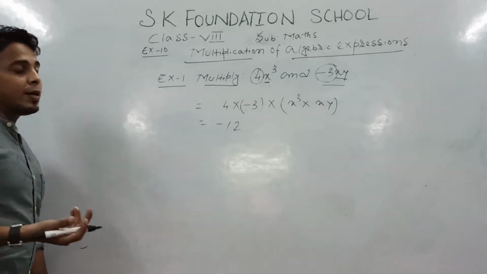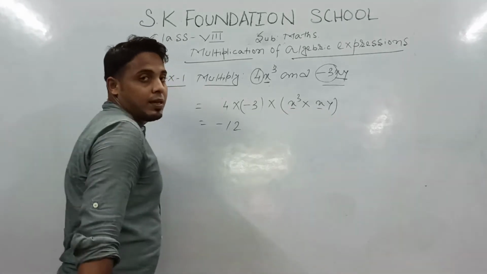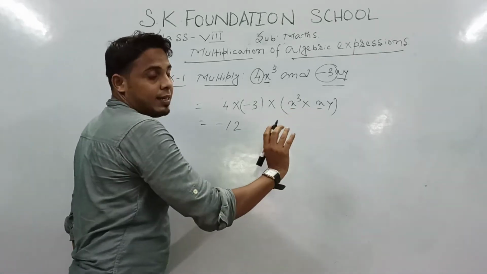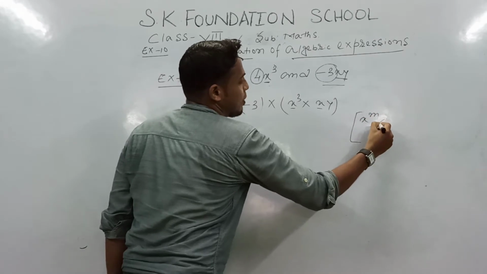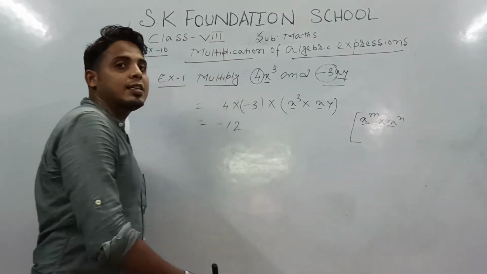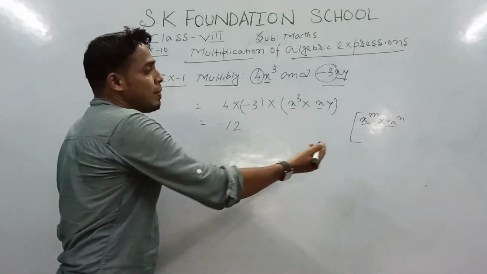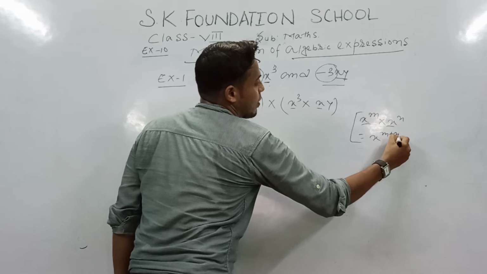And look at here. In the chapter on exponents and powers, we already know that when the bases are the same, then the powers are added. The formula: suppose x to the power m, x to the power n, here the bases are the same and the terms are in multiply form. On that condition we are going to add the powers, right?